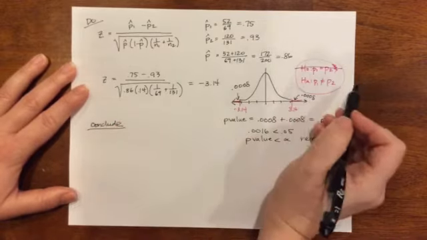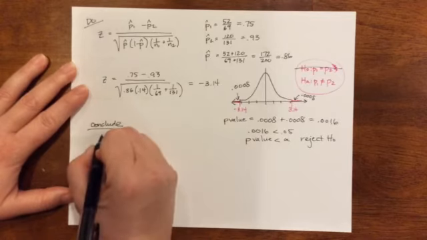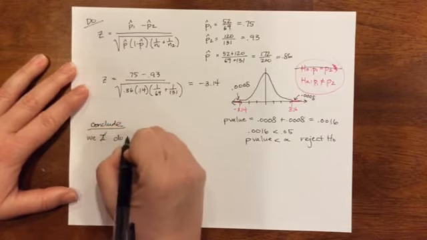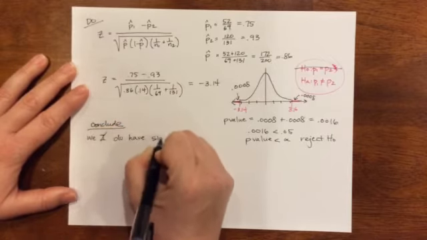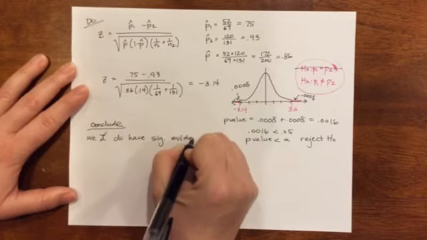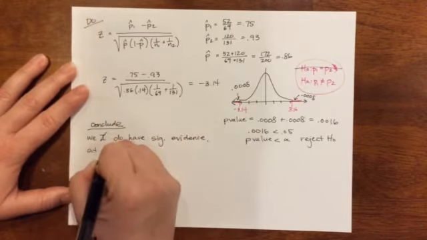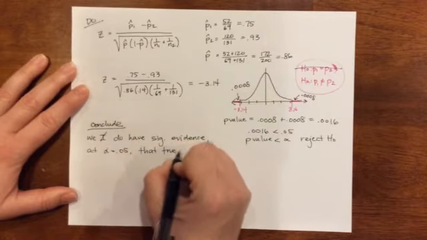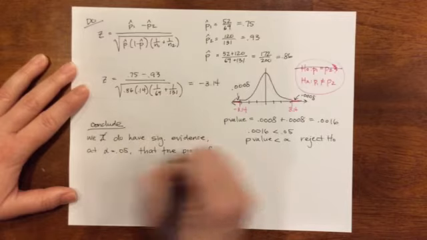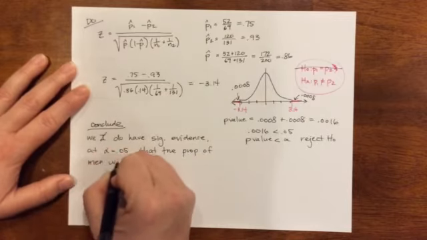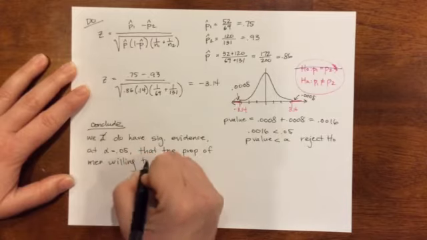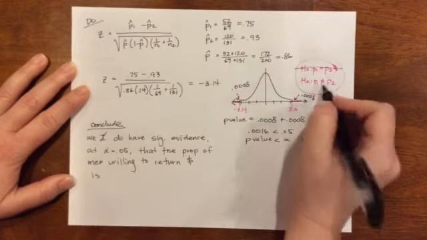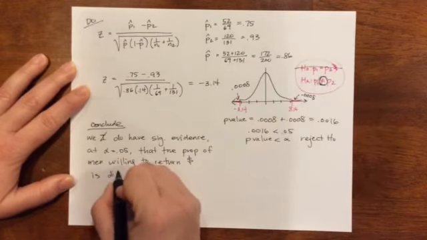Obviously, you can't be like, you're out of here. You got to write it nicely. So we're going to write it right now. You could be nice and say, we do have significant evidence at alpha equals 0.05. You're going to write parameter 1, that the true proportion of men willing to return the money is different.